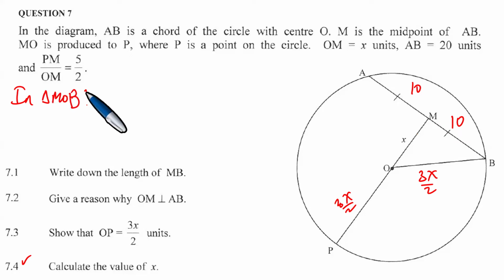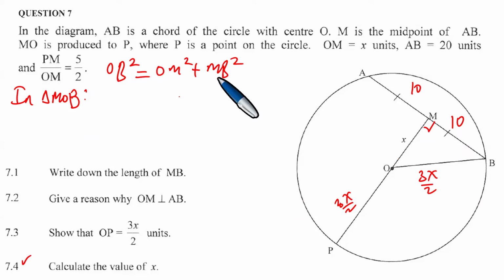So in triangle MOB, we know this angle is 90 degrees, so we can use Pythagoras theorem. OB squared is OM squared plus MB squared.